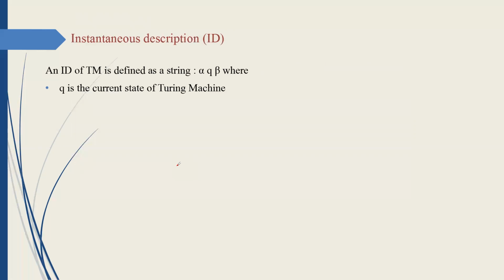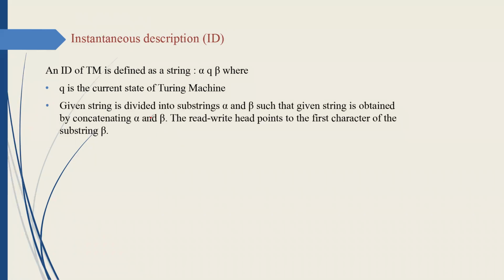An ID of a Turing machine is defined as alpha q beta, where Q is the current state of the Turing machine. The given string is divided into substrings alpha and beta such that the given string is obtained by concatenating alpha and beta. The read-write head points to the first character of beta.